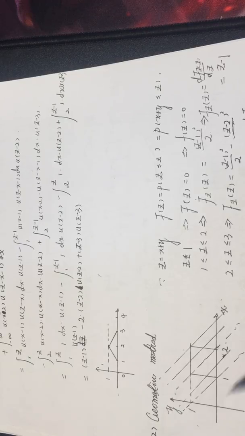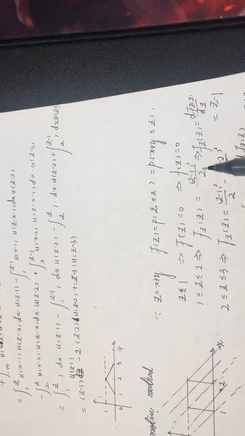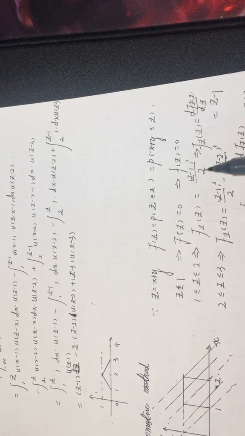But if z is between 1 and 2, FZ can be written as the distribution function, and if we differentiate it, we can get fZ.